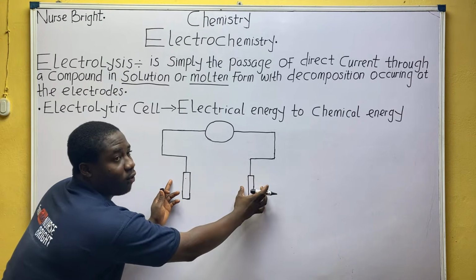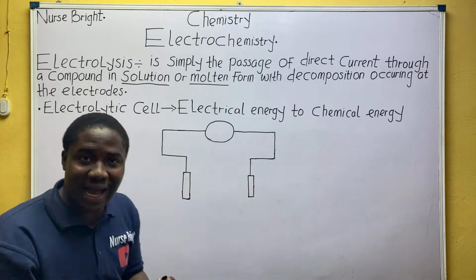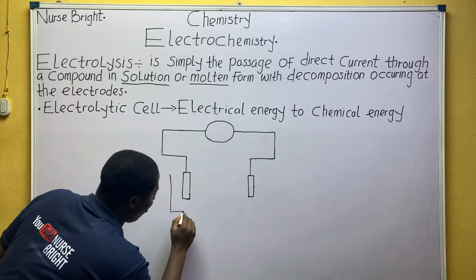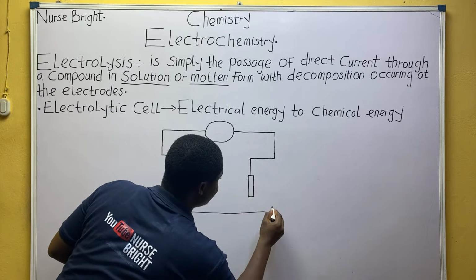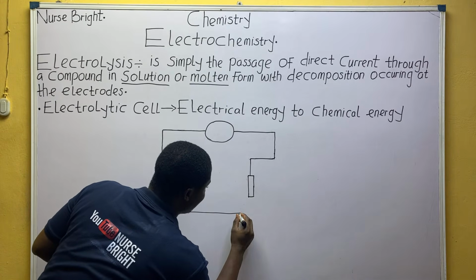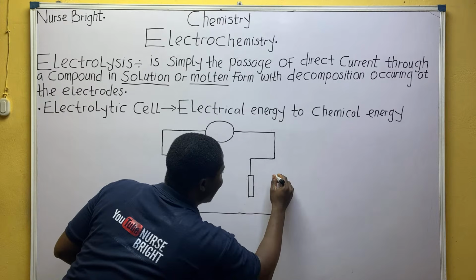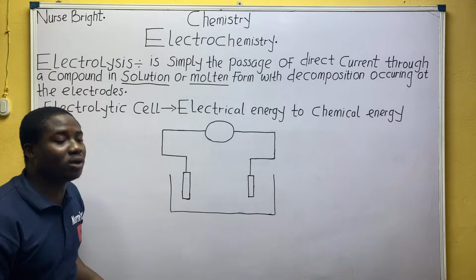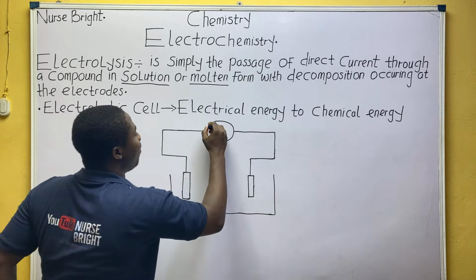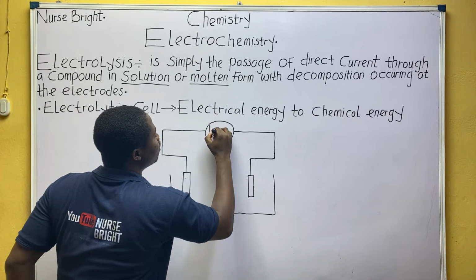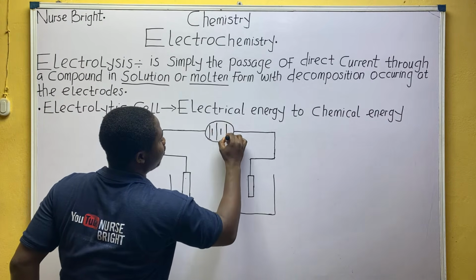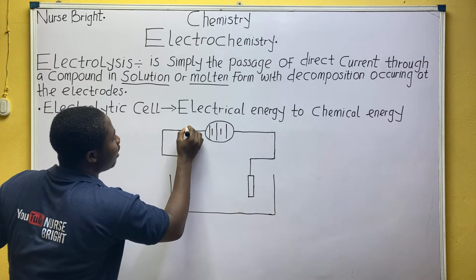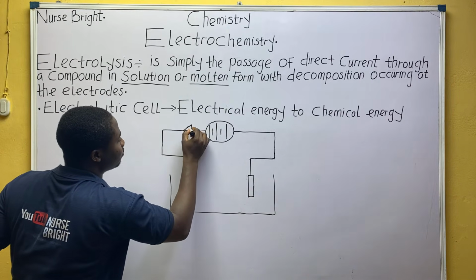These two flat parts in this diagram are placed in a container. You can see the container, and inside this container there is something. But before then, let's just finish this. And this is an arrow moving in this direction.